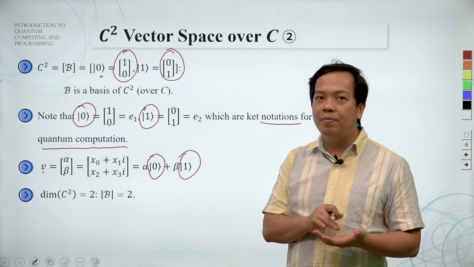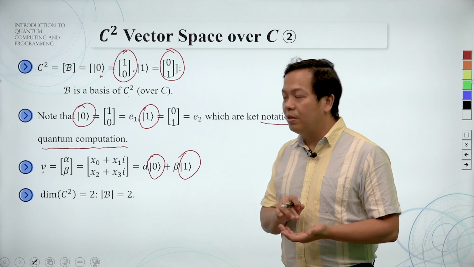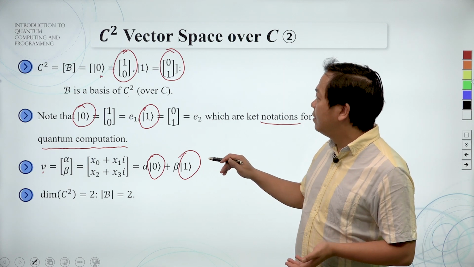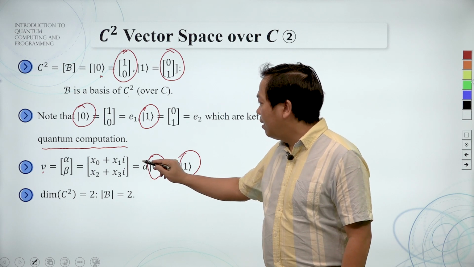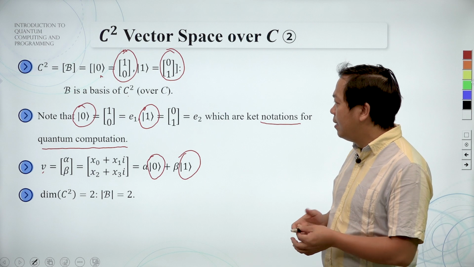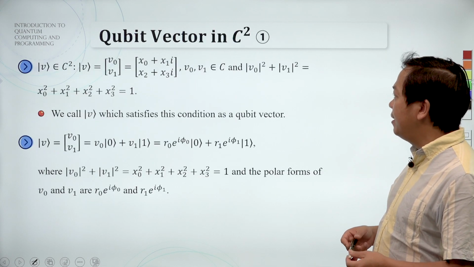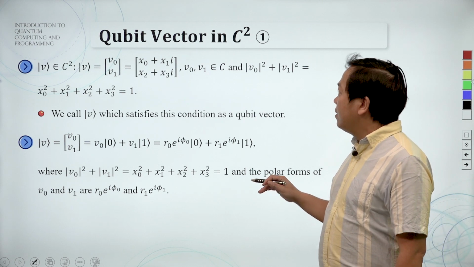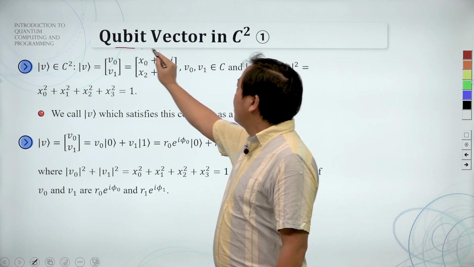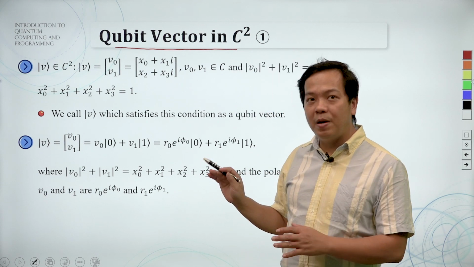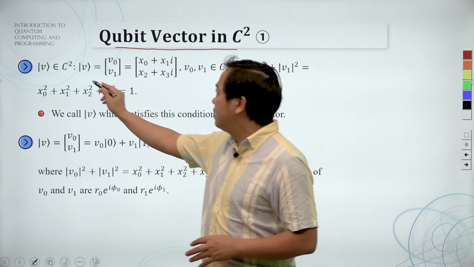We can represent it based on the basis, multiplied by values alpha, beta, in the vector space. The more thing, when we have a vector v, the qubit vector has this special notation. You can see.